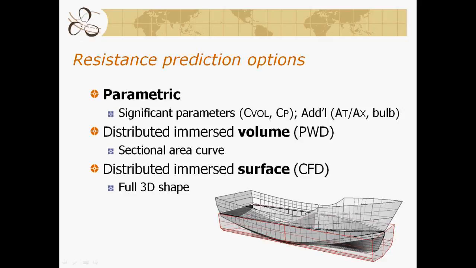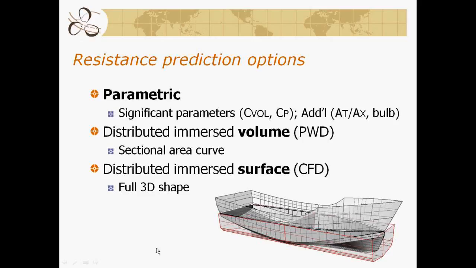And I'd like to use the image in the lower right-hand side as a way to describe this. What we're really concerned about when we talk about bare hull resistance, for example, is the immersed volume. And we can see that the immersed volume in its highest order can be described by its envelope, its wetted surface, or the distributed immersed surface.